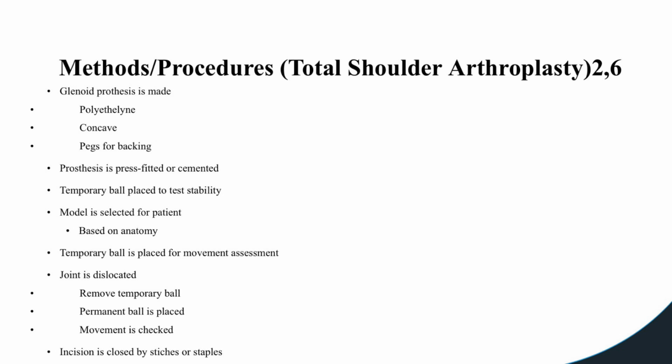Once the stability has been tested, they'll remove that and make a mold for the patient based on what anatomy they have left. Then they put another ball in to test the overall movement. Once that's been done, they dislocate the joint, test the movement again, put the permanent ball in, and then close the incision up.